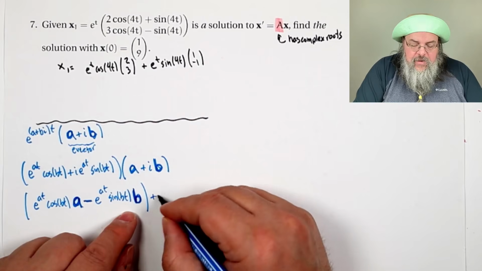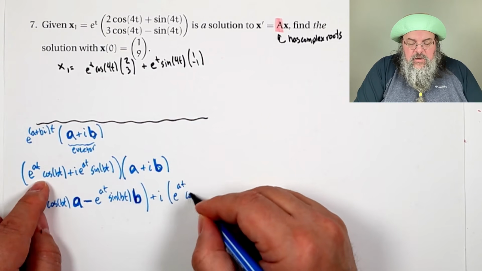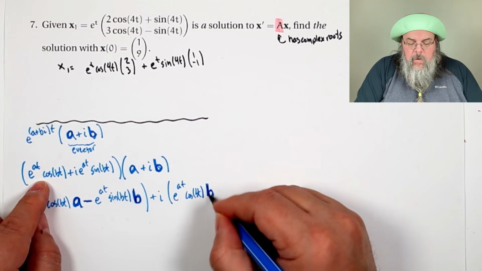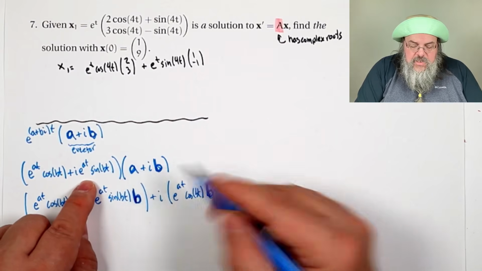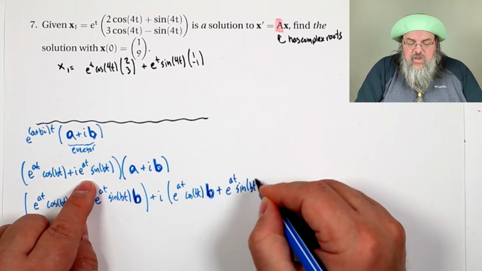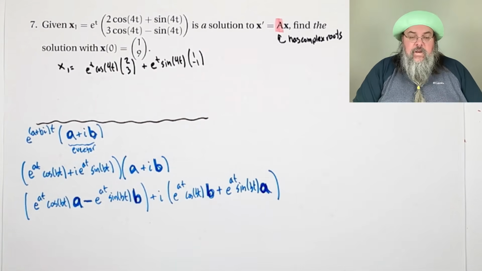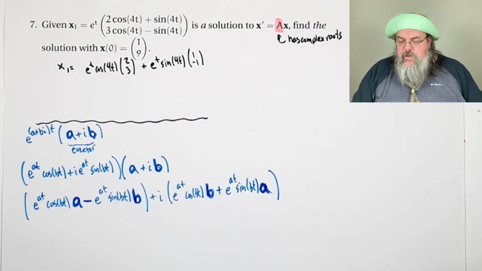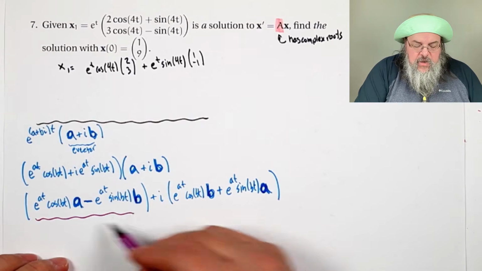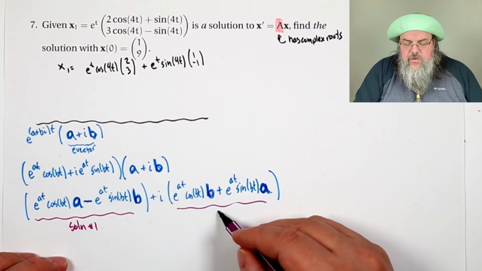And then plus i, e to the at cosine bt times b, plus e to the at sine of bt times a. So here is, for lack of a better term, solution number 1 and solution number 2.